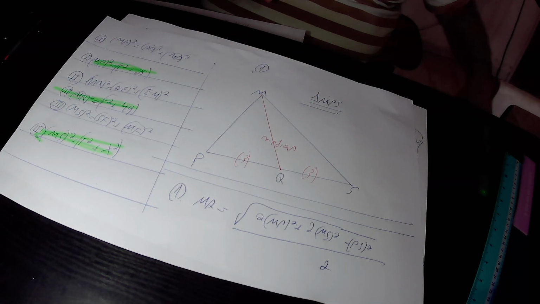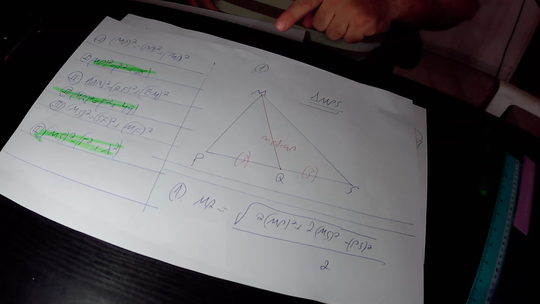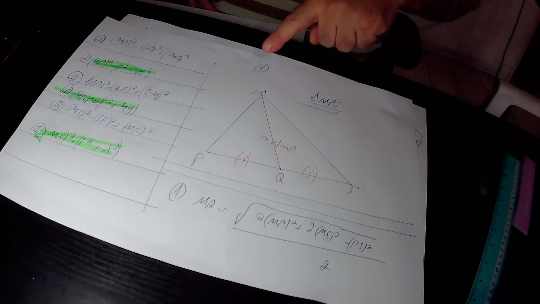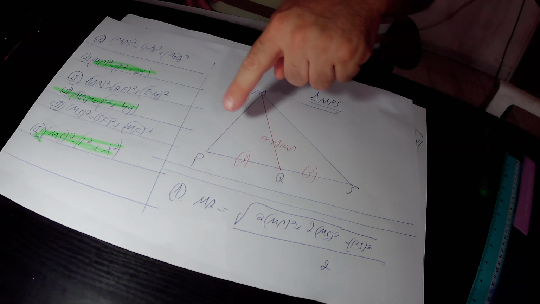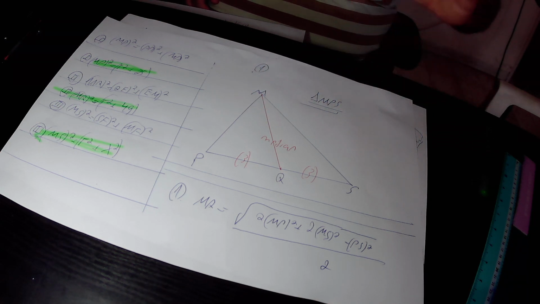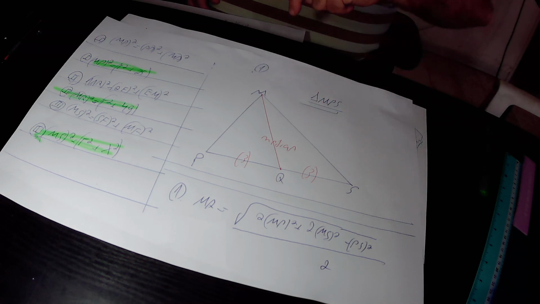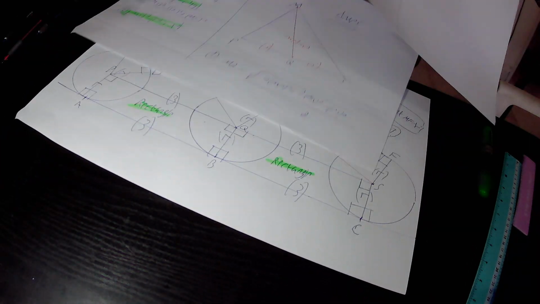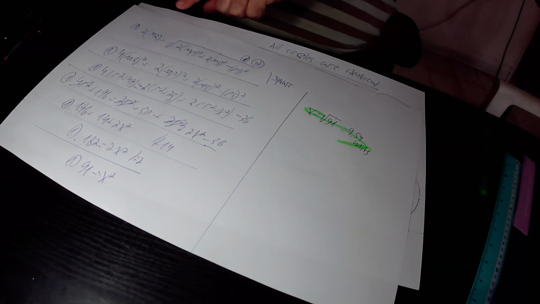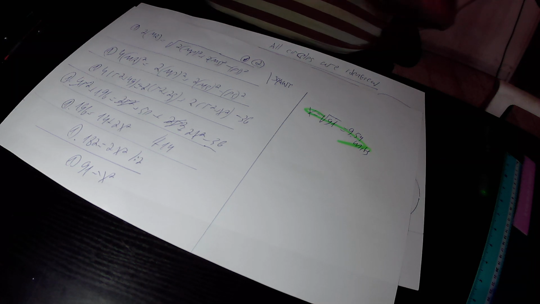According to the formula, the length of the median MQ equals the square root of (2 times MP squared plus 2 times MS squared minus PS squared) divided by 2. Here we multiply this equation 1 by 2, and find that 2 times MQ equals the square root of 2 times MP squared plus 2 times MS squared minus PS squared.